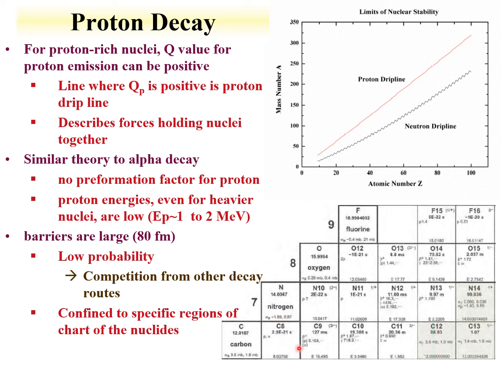Carbon 8 has a proton decay, and then there's a probability for carbon 9. So these are all very proton-rich, neutron-deficient isotopes that can undergo this decay. And you can find where they're located by exploring your chart of the nuclides and looking for that proton decay symbol, either 2 proton or a single proton decay.